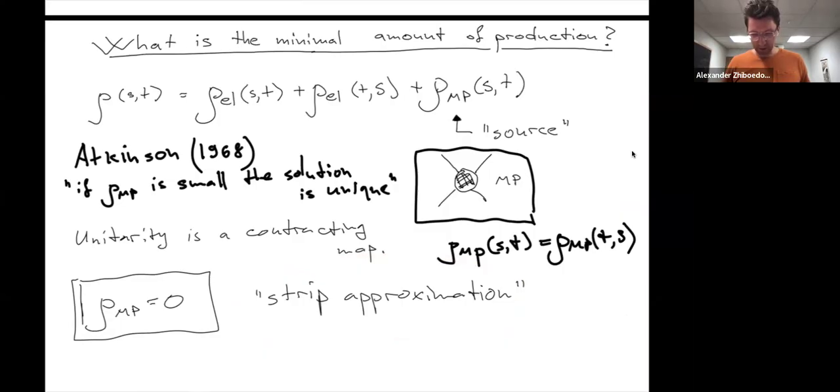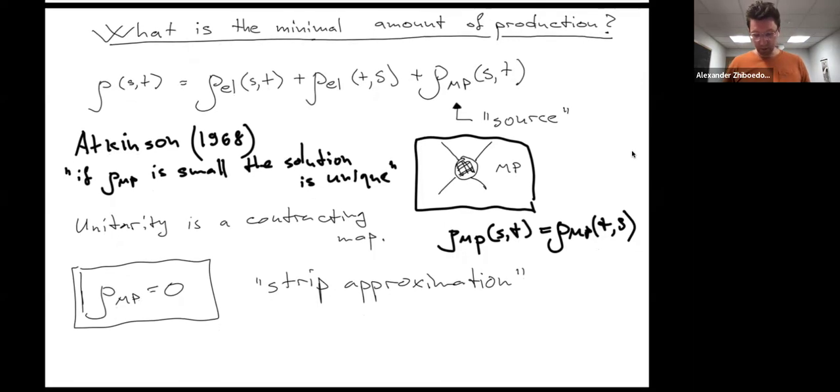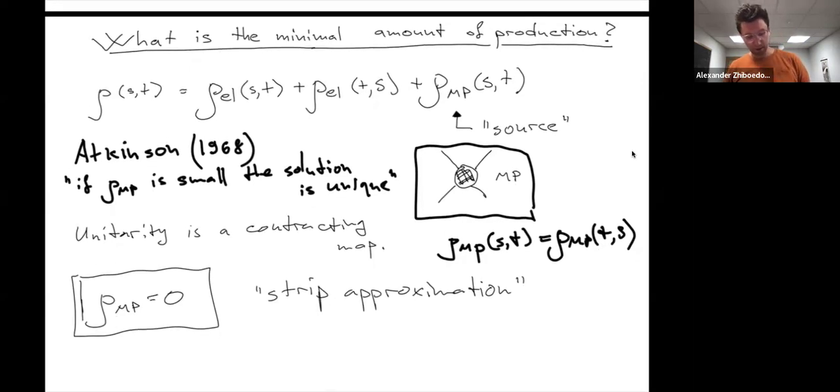I hope it answered partially the question, but we will continue discussing this. Now, let me ask, what do we know? Let's set rho MP to 0.